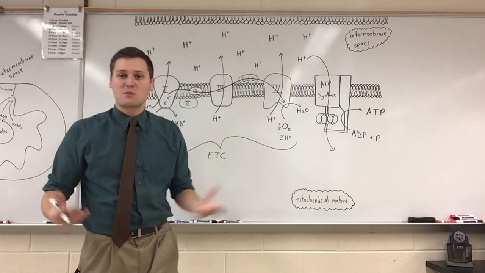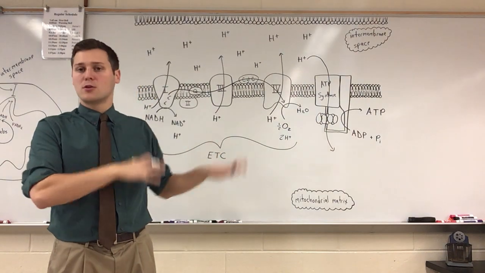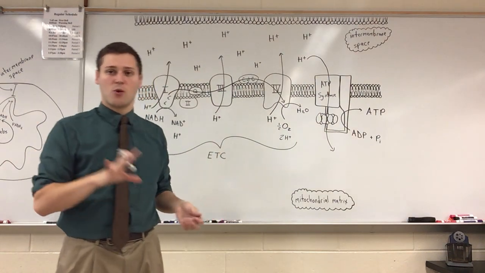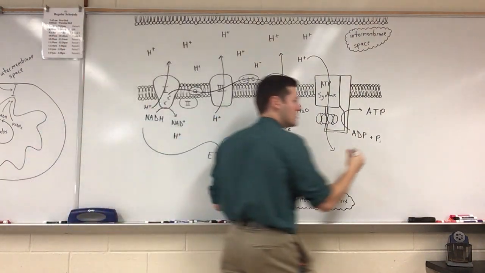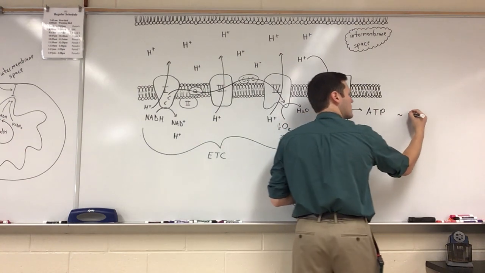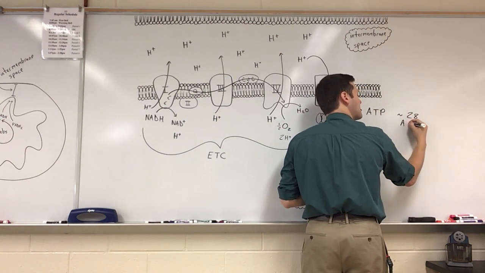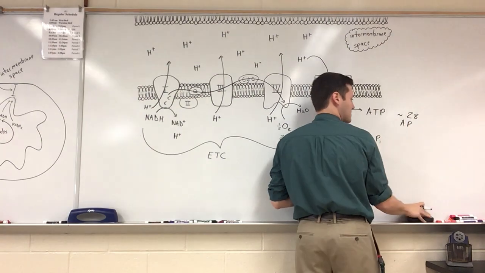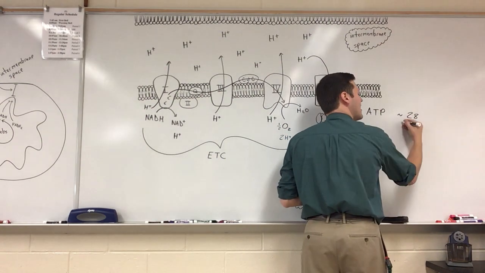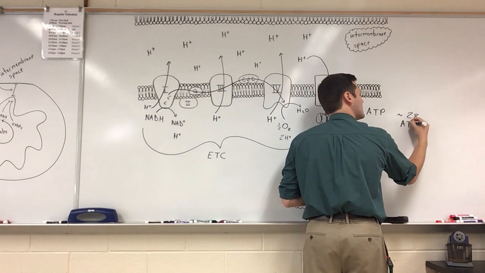And typically for this process, per 1 glucose molecule that we started with, we generate about 28 ATP.